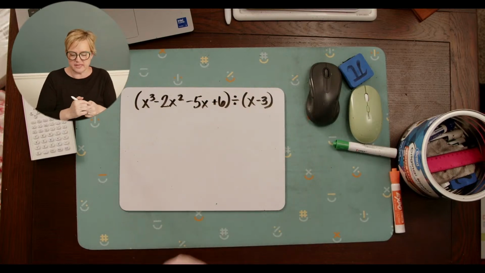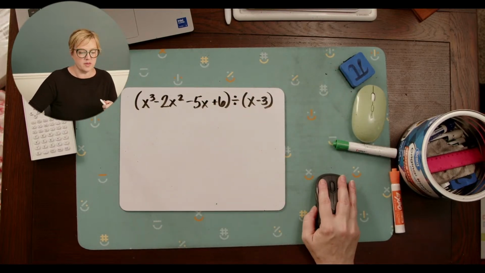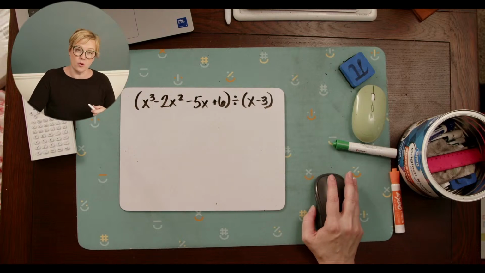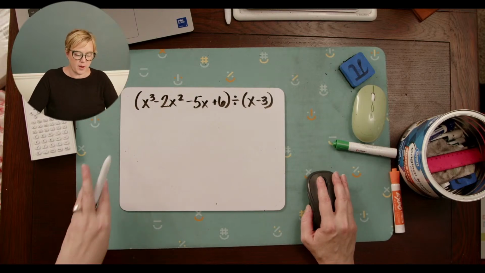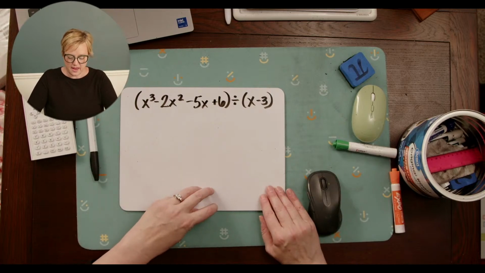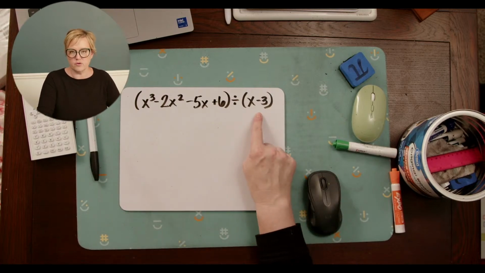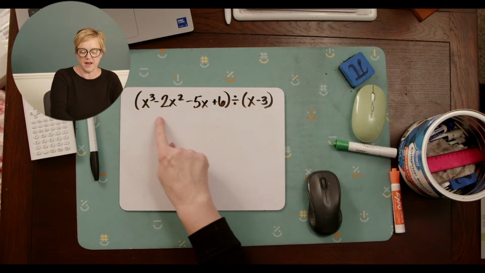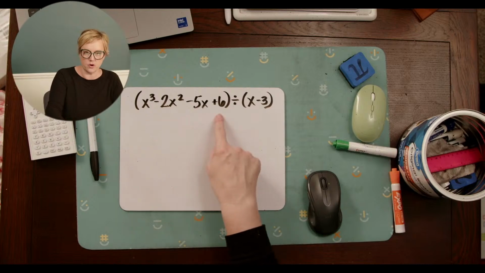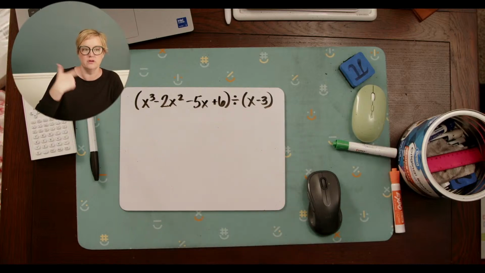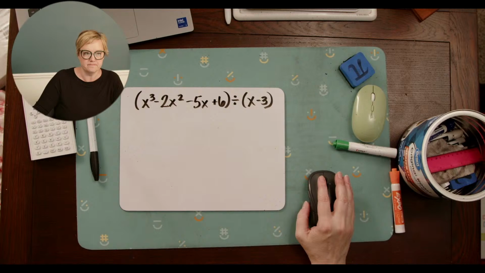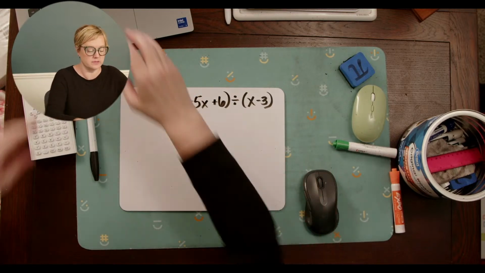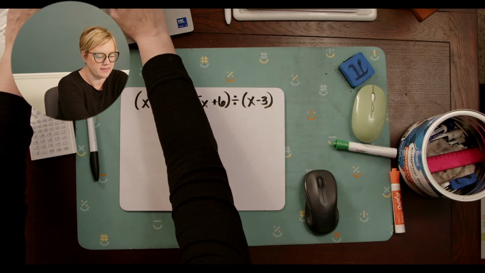I often use this with my students when we're finding the roots of polynomials, because if you know one of the rational roots, you can then divide the polynomial equation by that rational root to get the other roots, maybe the irrational roots or something like that.